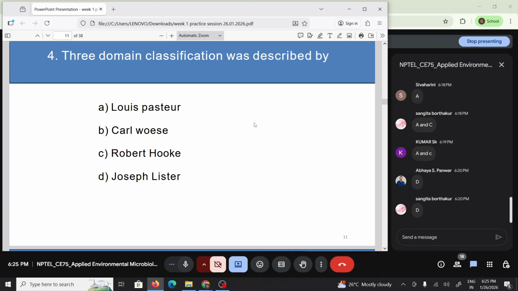Who described the three domain classification? Robert Hooke, ma'am.